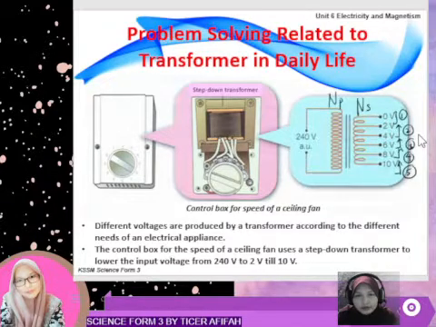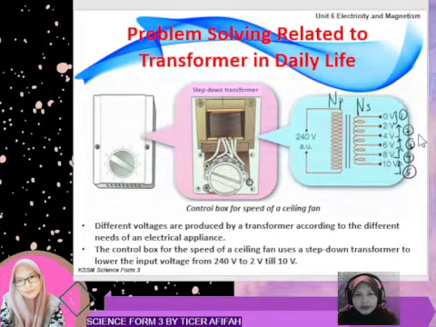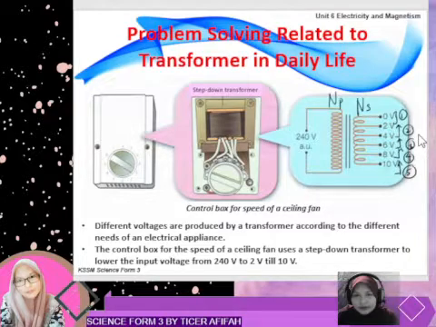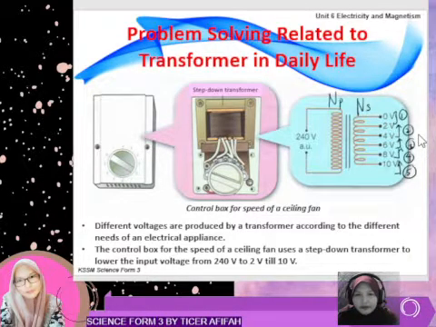That 240 volt refers to the primary voltage connected to the number of turns at primary. Now if we want to change the speed of the rotation of the fan, we just change the number of coils at the secondary coil.